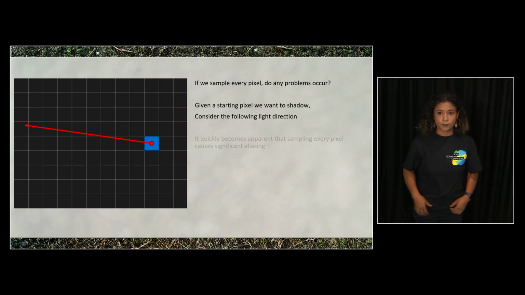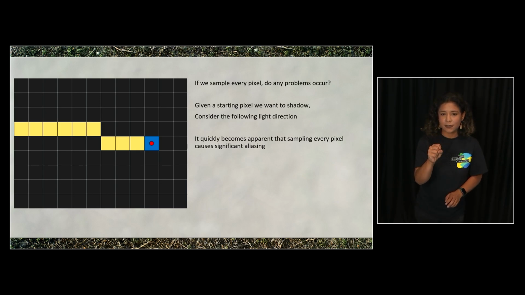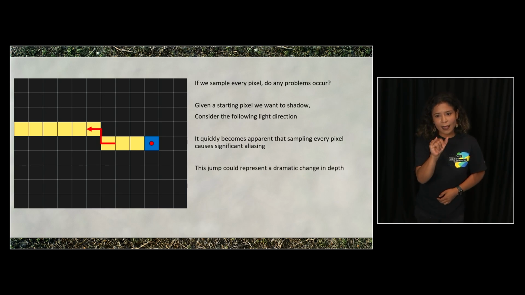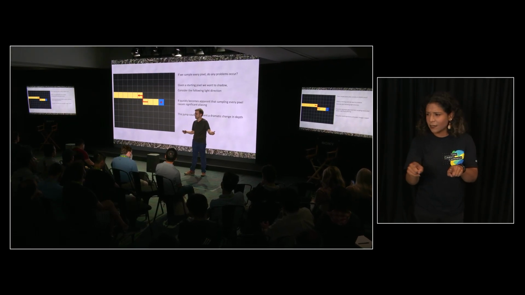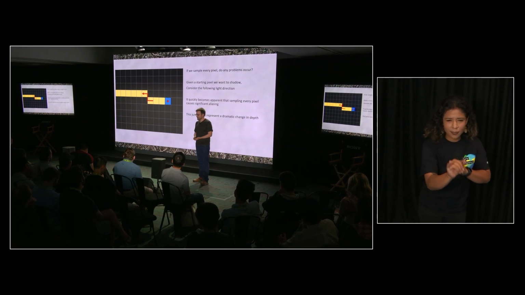Let's map out the pixels we're sampling. It quickly becomes apparent there's actually a new form of aliasing here, a sampling aliasing occurring, because this discontinuity is a really, really big problem. This could represent a huge jump in depth that otherwise isn't occurring along other portions of the ray. And you can't predict that, and it could go really, really badly.